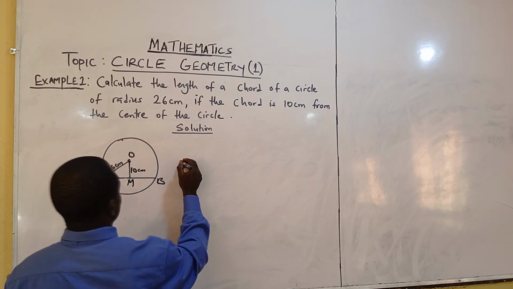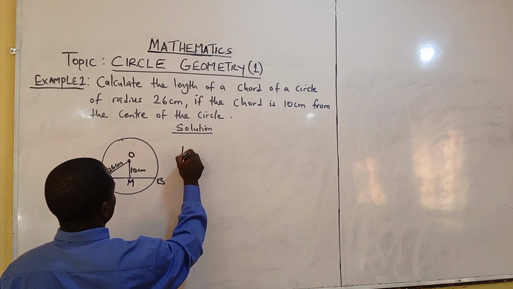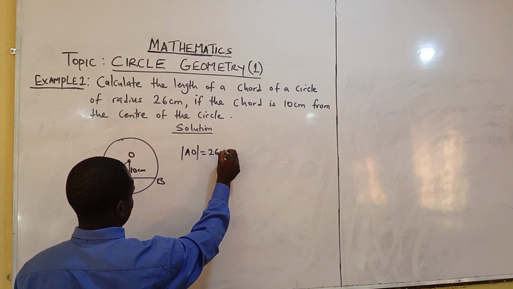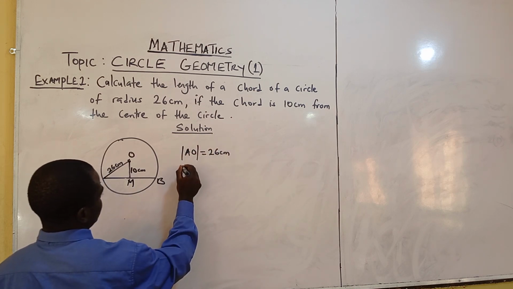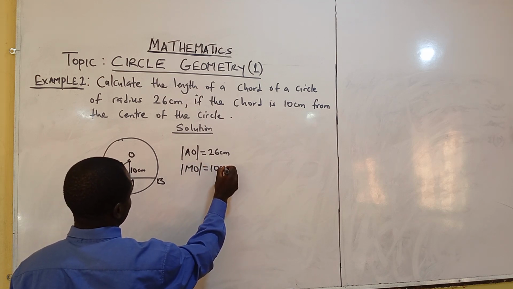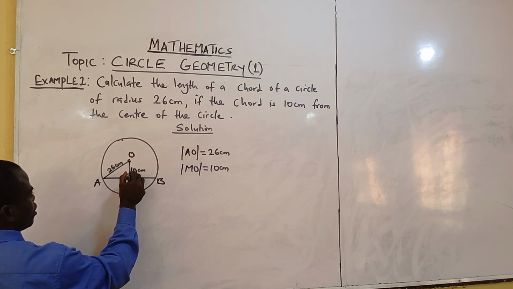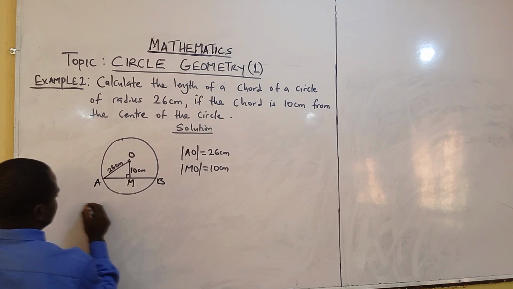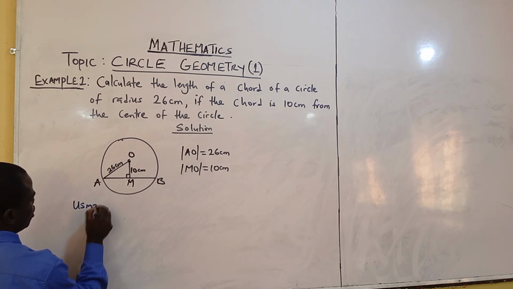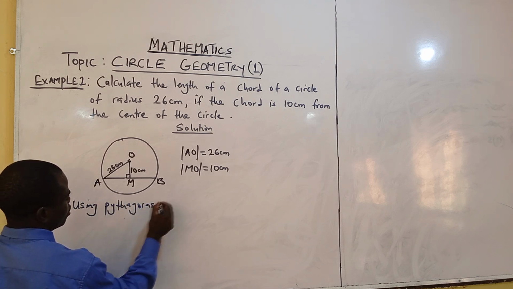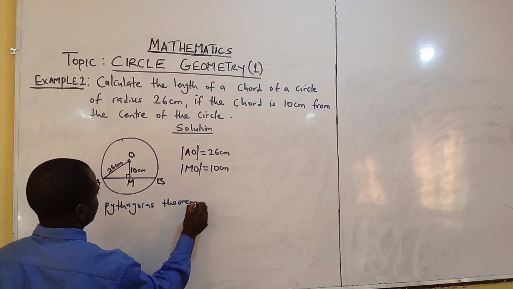Okay, now let's see. Line AO equals 26 centimeter. Line MO equals 10 centimeter. Now this is a right angle triangle, so we are going to use our Pythagoras theorem.